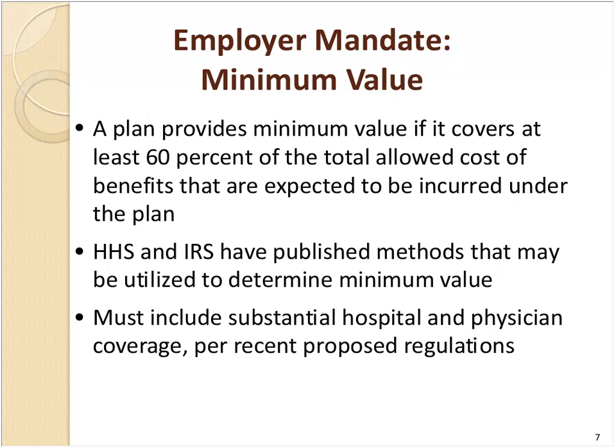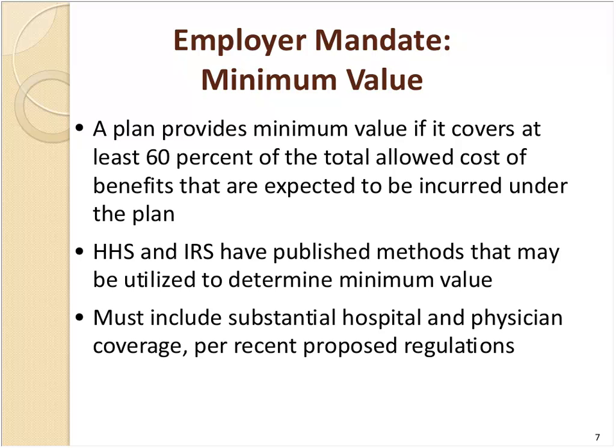The coverage that you have to provide has to have minimum value, and a plan provides minimum value if it covers at least 60% of the total allowed cost of benefits that are expected to be incurred under the plan. This is equivalent to what they would call a bronze plan on the exchange, and there are methods to determine minimum value that are on both HHS and IRS websites, and so that can usually be determined by consultants and the brokers who help sell the coverage.